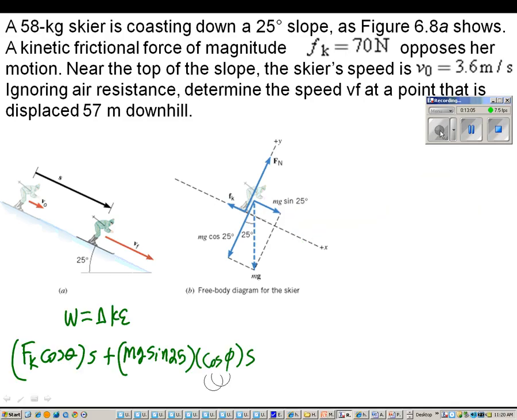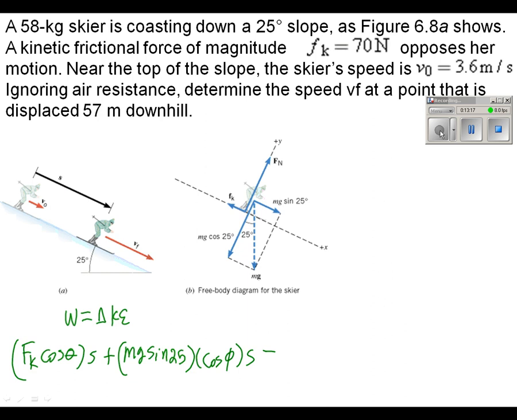So we have our mg sine 25, and I put cosine of phi because it may be a different angle that we work with here, times the displacement, equals the change in kinetic energy, which is 1/2 m v final squared minus 1/2 m v initial squared.